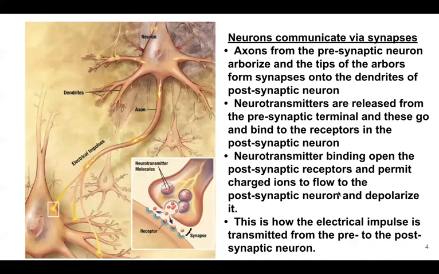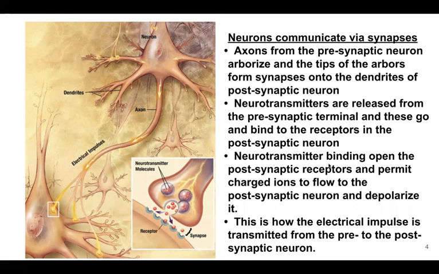Now, you may recall that neurons communicate via synapses. So axons from the presynaptic neuron arborize, and the tips of the arbors form synapses onto dendrites of the postsynaptic neuron. So neurotransmitters are released from the presynaptic terminal, and these go and bind onto the postsynaptic neuron, as we can see in this diagram right here.